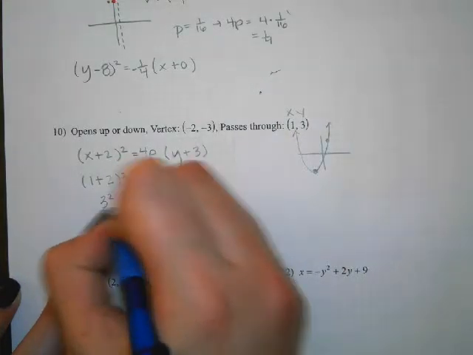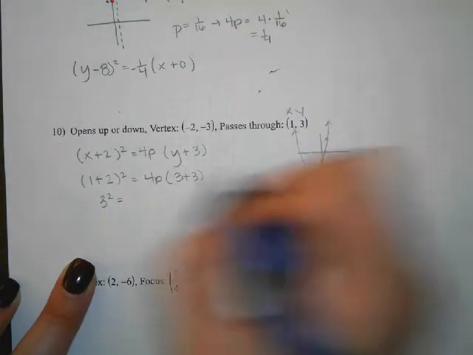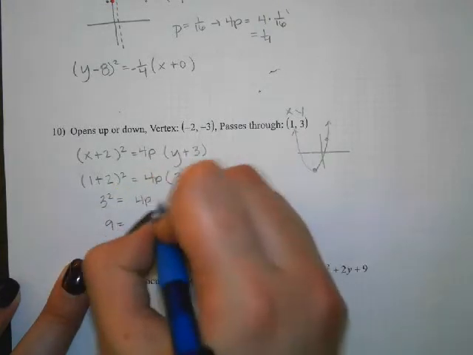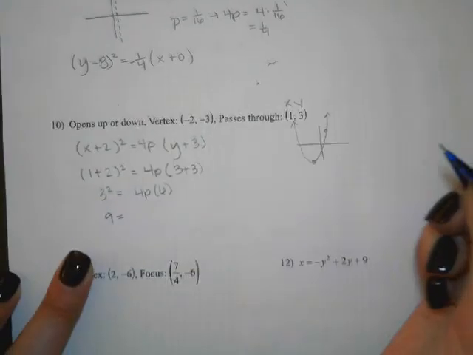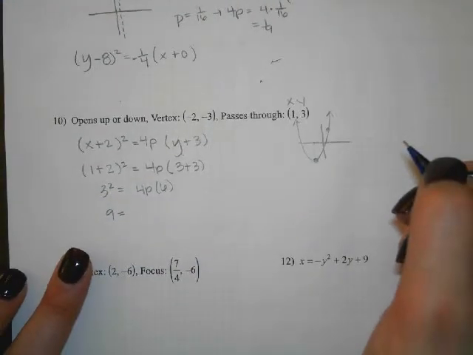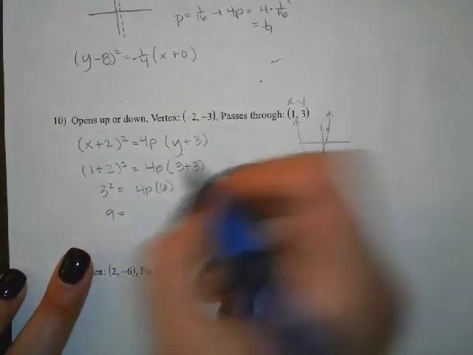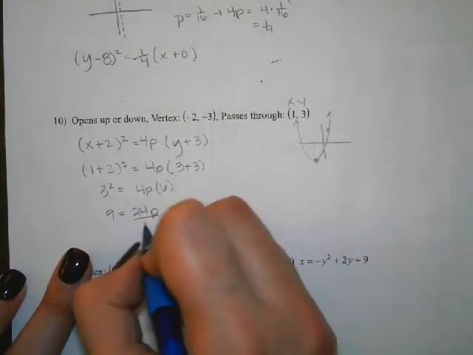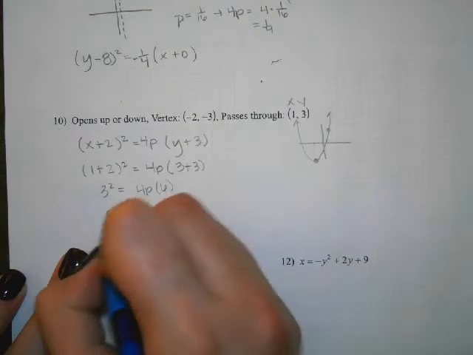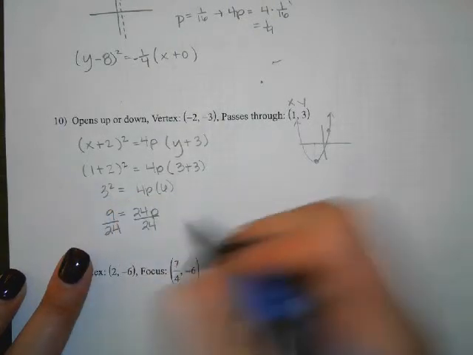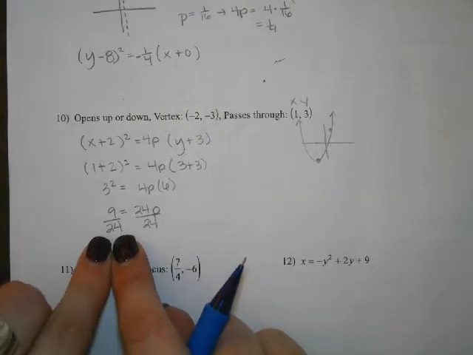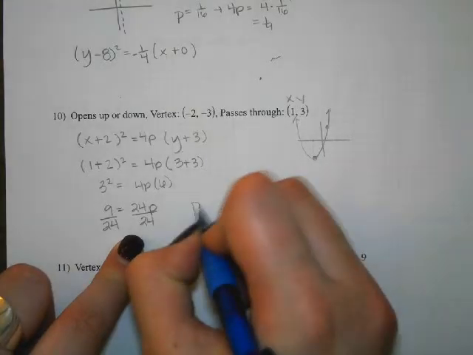So 3 squared equals 9 equals 4p times 6. What's 4 times 6? 24. And we can divide by 24. So p equals 9/24. We don't really care what p equals though, right?